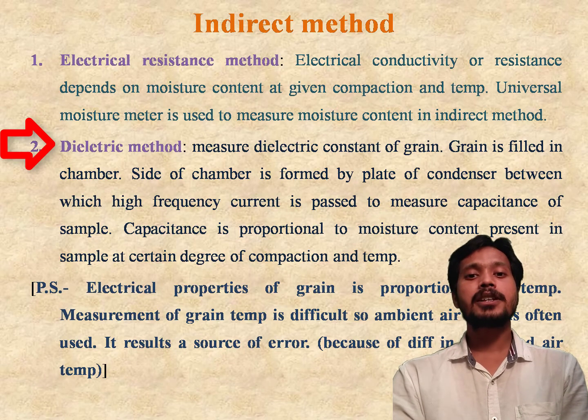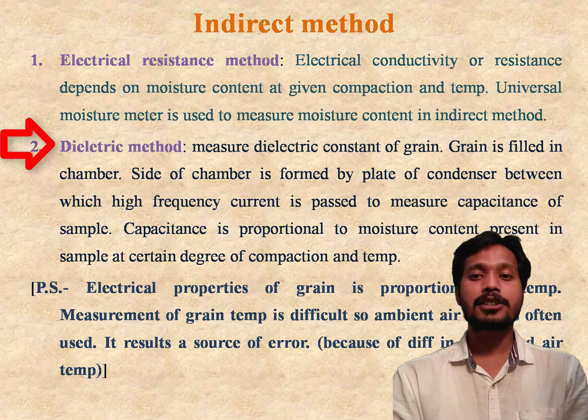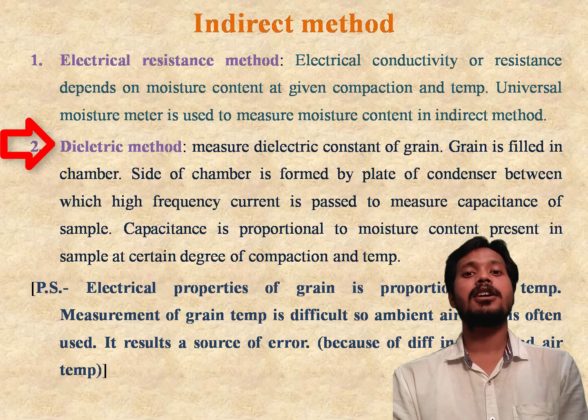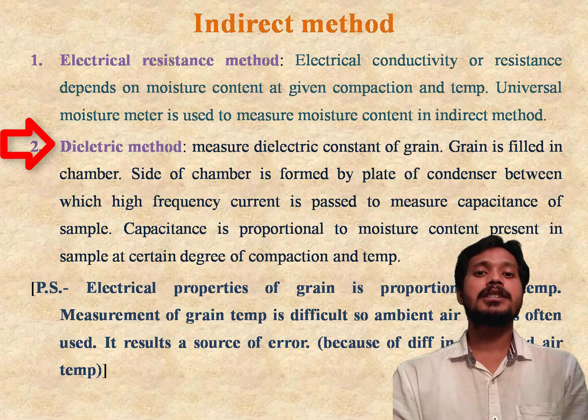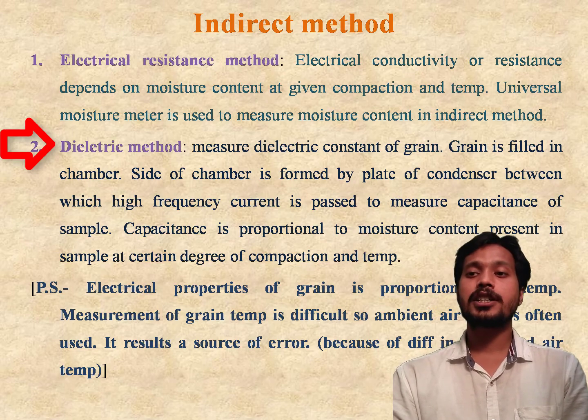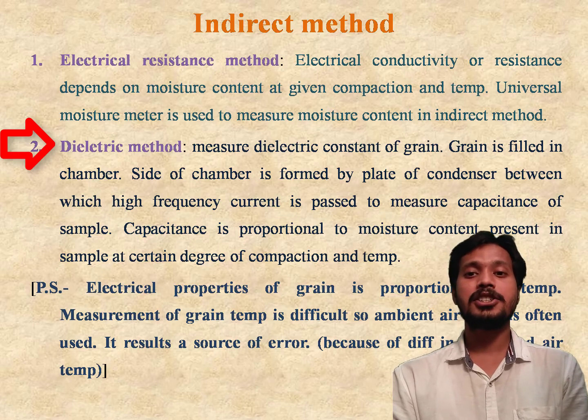Means in this method, we take the help of the dielectric constant, and with the help of the dielectric constant of grain, we calculate percent of moisture. So you see here, measure the dielectric constant of grain. Grain is filled in a chamber.